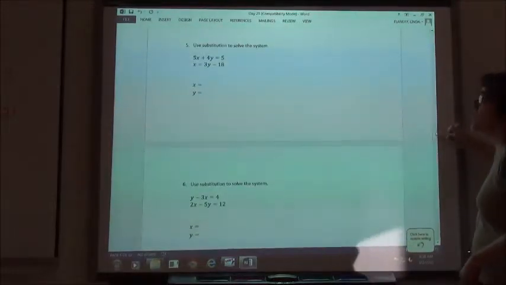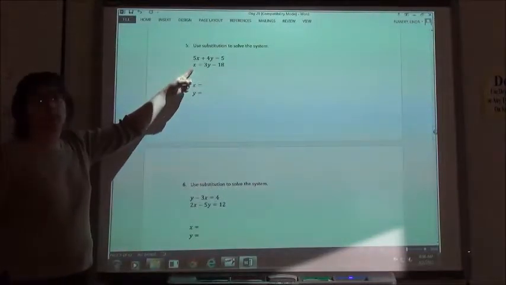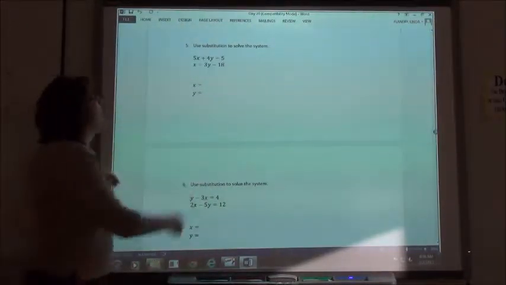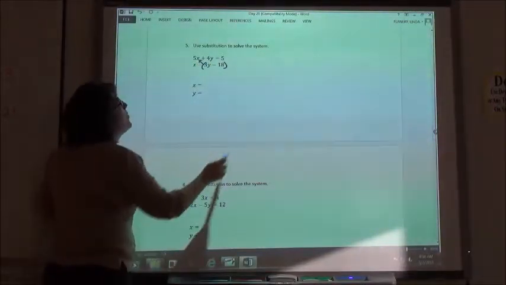Number 5, then, we're going to use substitution to solve it. This time, the bottom equation, the x is equal to 3y minus 18. So we're going to substitute in for x in my top equation.